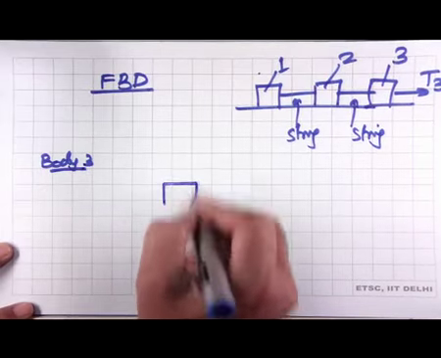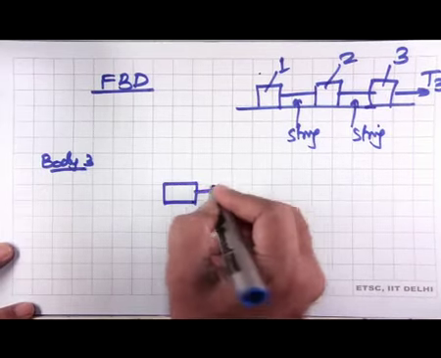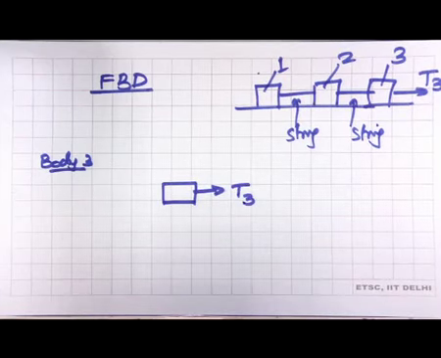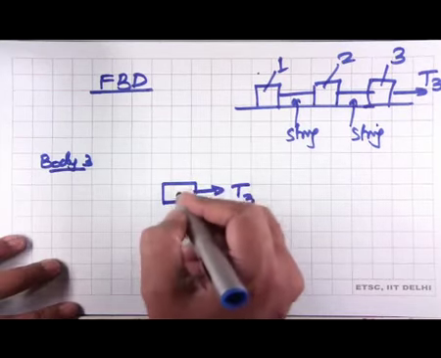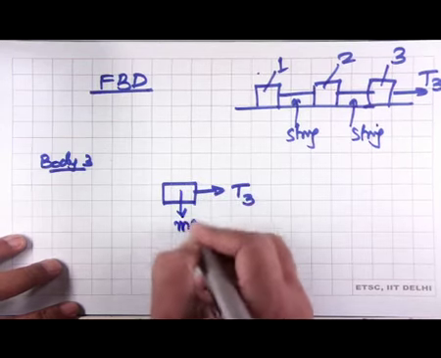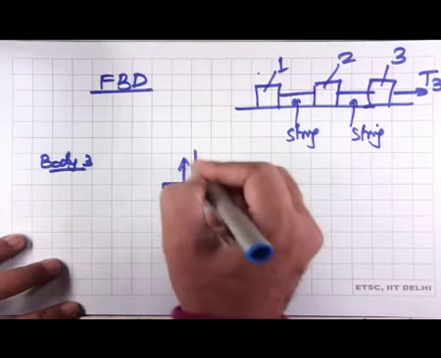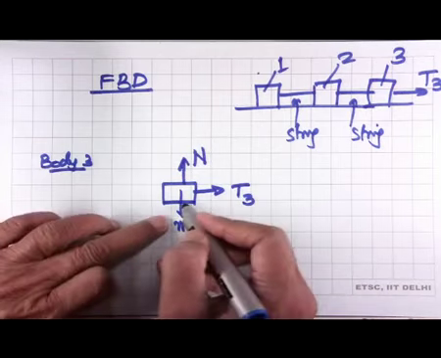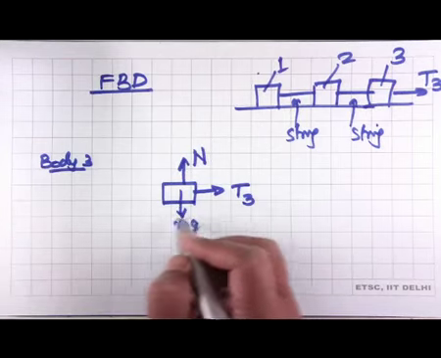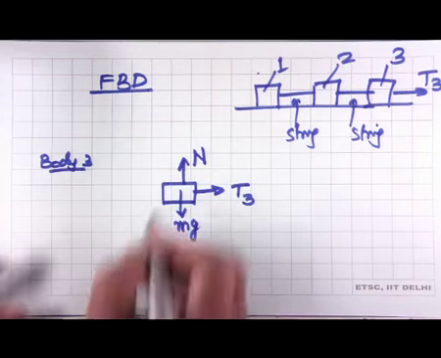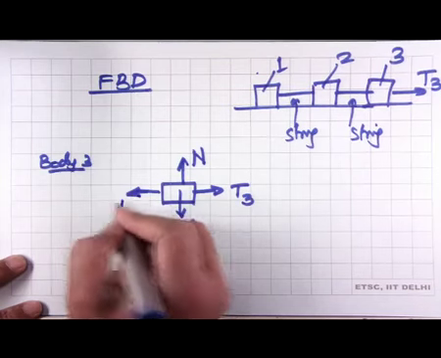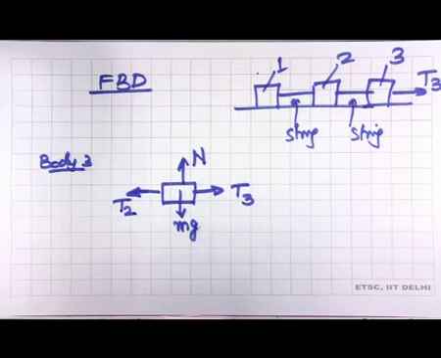On body 3 we have the force in the string on the right given by T3, then there is the weight of the body, and there is the normal reaction from the ground on the body. At this contact there is no friction, so there is no horizontal force, we only have the normal reaction, and we have the force which this string applies. Let us call this T2, which is now not known.